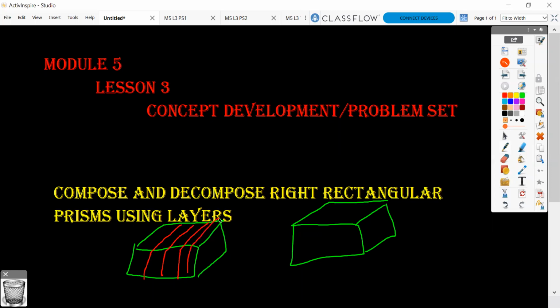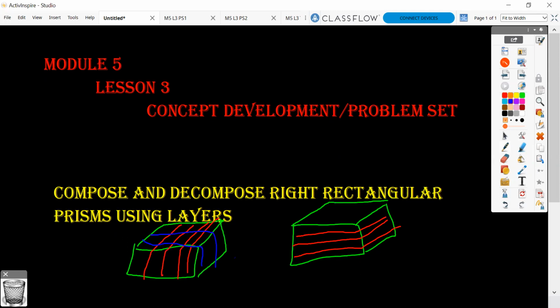So we could have layers like that, or more like a cake, so we could have layers like a cake and we could build up like this. There's also one other way we could cut it. We could cut the long layers like this, right? So we're going to be thinking about layers inside of our rectangular prism. We're going to find the area of one layer and then start counting up on those layers.